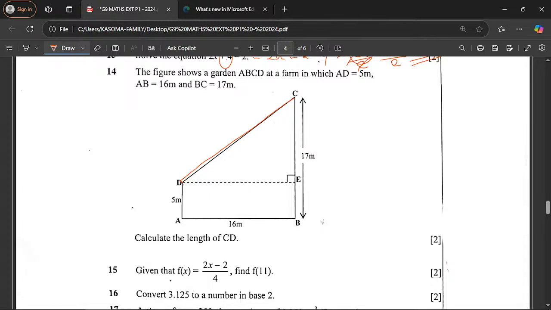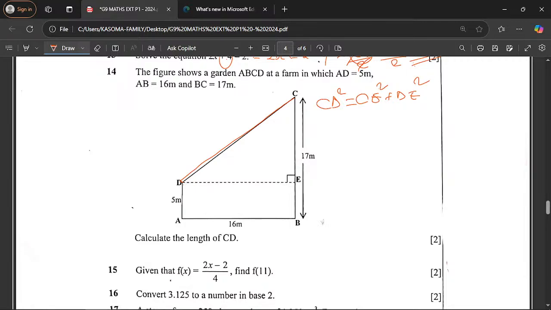So what we'll do is we're going to come up with the formula, which is CD squared is equal to CE squared plus DE squared. Remember, these should be squared as well.